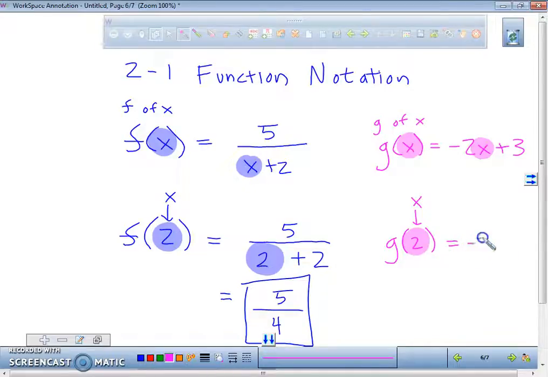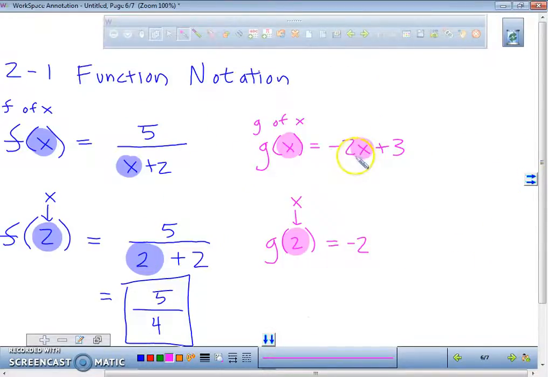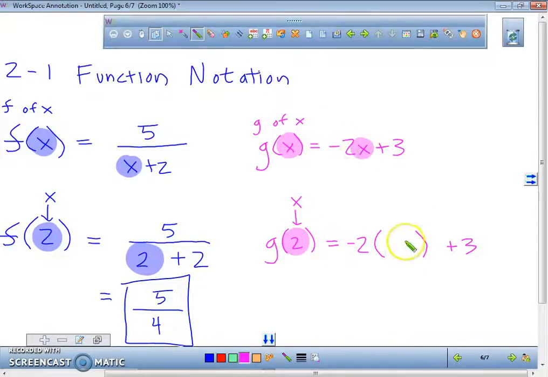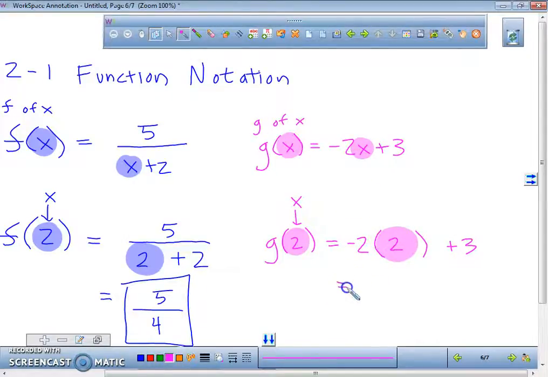So how would I write it? I put negative 2 first. Then what am I going to do next? Open up a parentheses. I'm going to put plus 3 at the end. And instead of this x right here, I'm going to plug in a 2. And now, all we have to do is evaluate it.